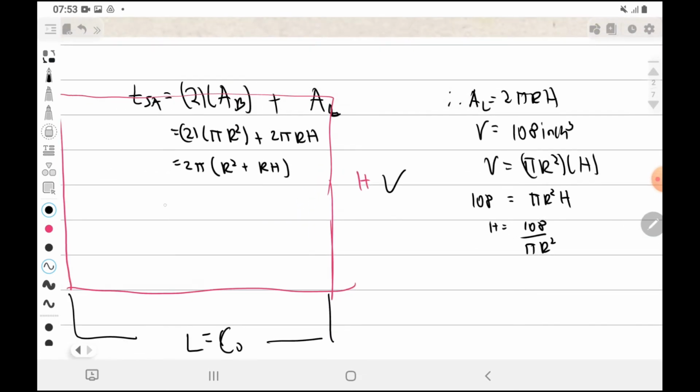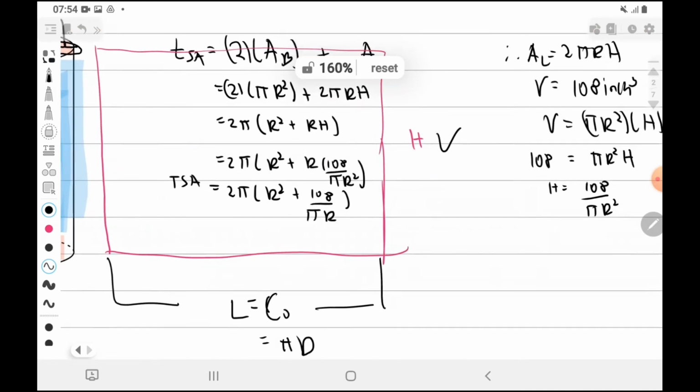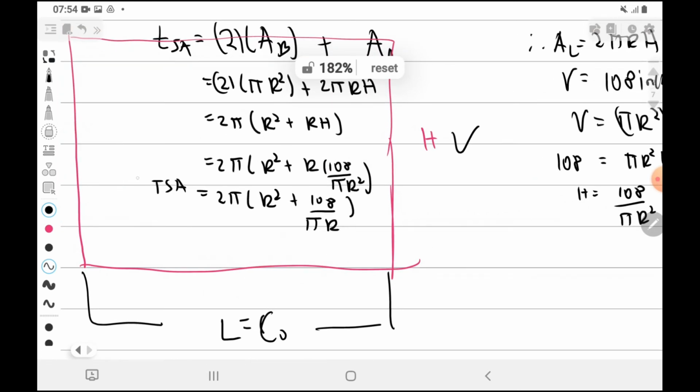So from this, I will have my TSA, which is equal to 2 pi multiplied by r squared plus r multiplied by 108 all over our pi r squared. So therefore we will have 2 pi multiplied by r squared plus 108 over pi multiplied by r, which is equal to our TSA.